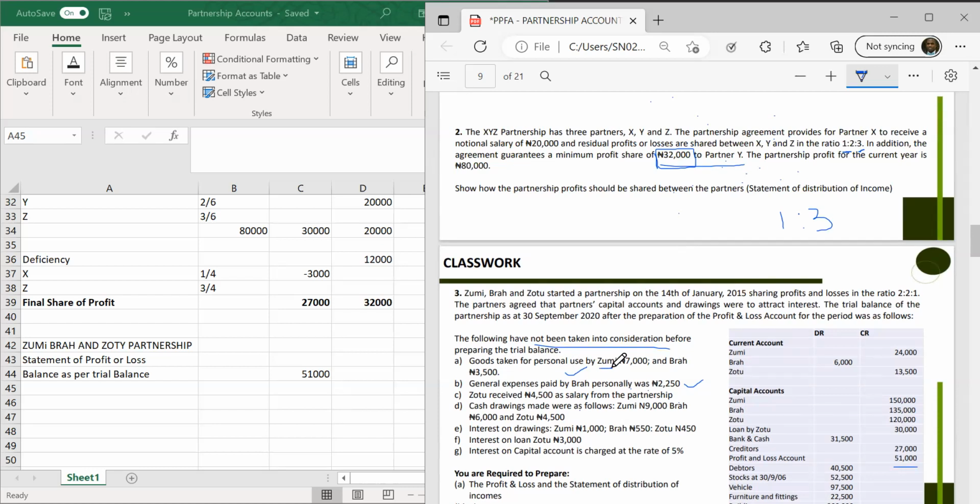Zumi is one of the partners. Zumi took goods for himself, for his personal use. Let me put it this way. Myself, yourself, and Motun, we are running a business. You now took goods worth 7,000 naira.